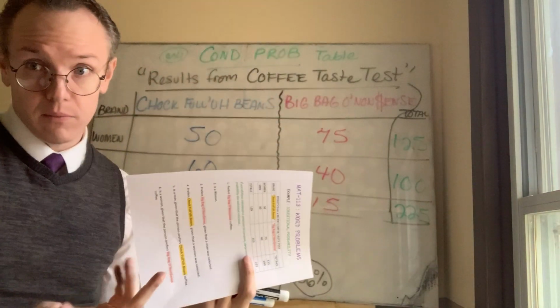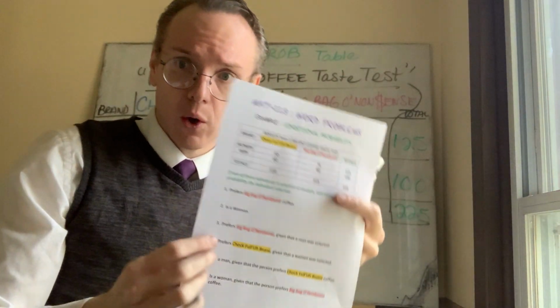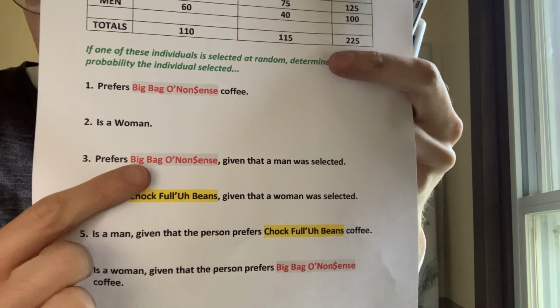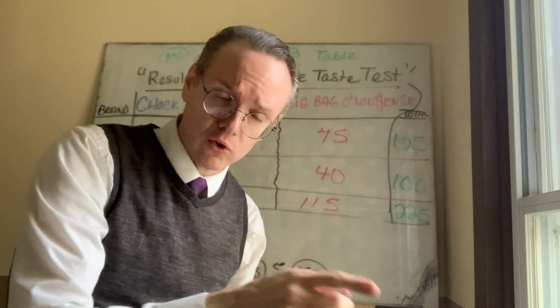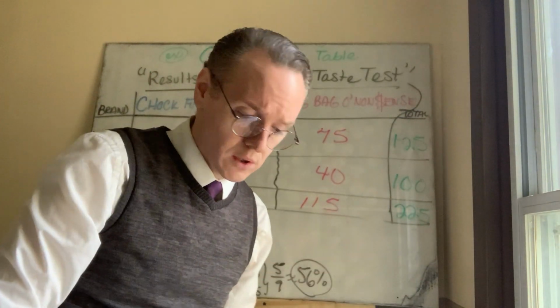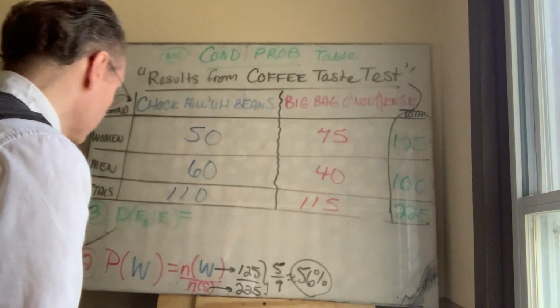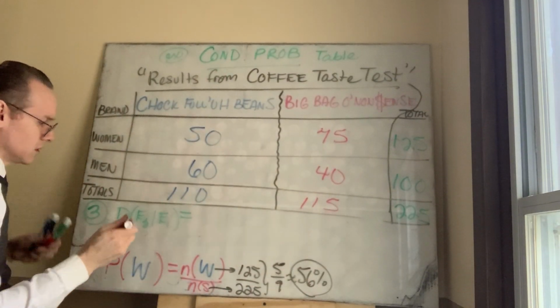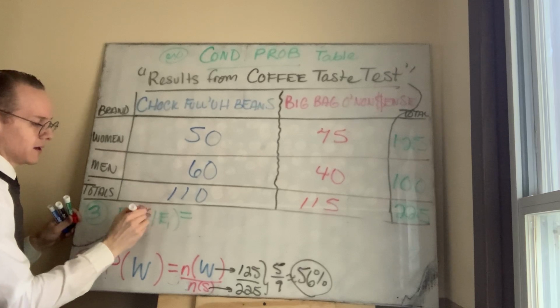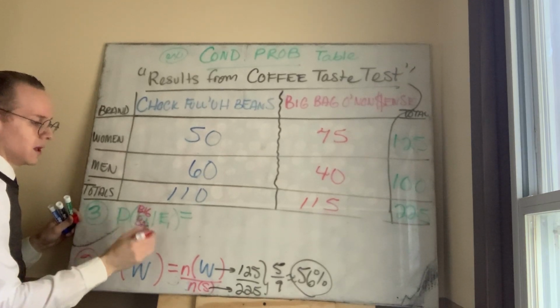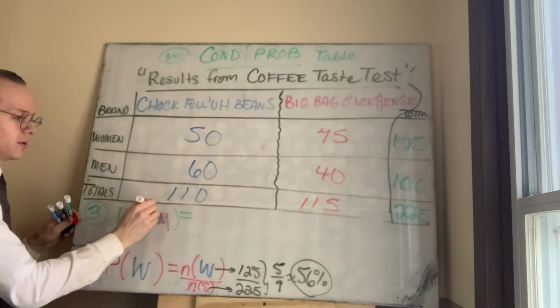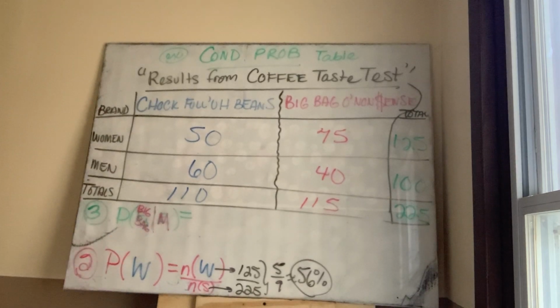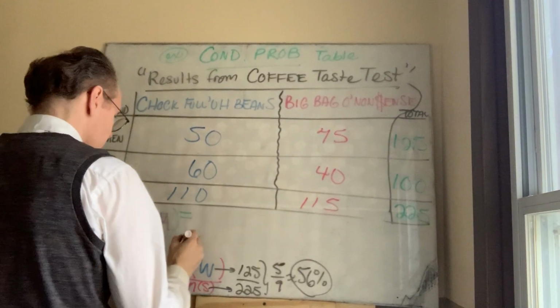They're the less specific case, whereas big bag of nonsense is E2. It's a more specific type of person. So in this formula, it's going to be big bag in place of E2 and men in place of E1.